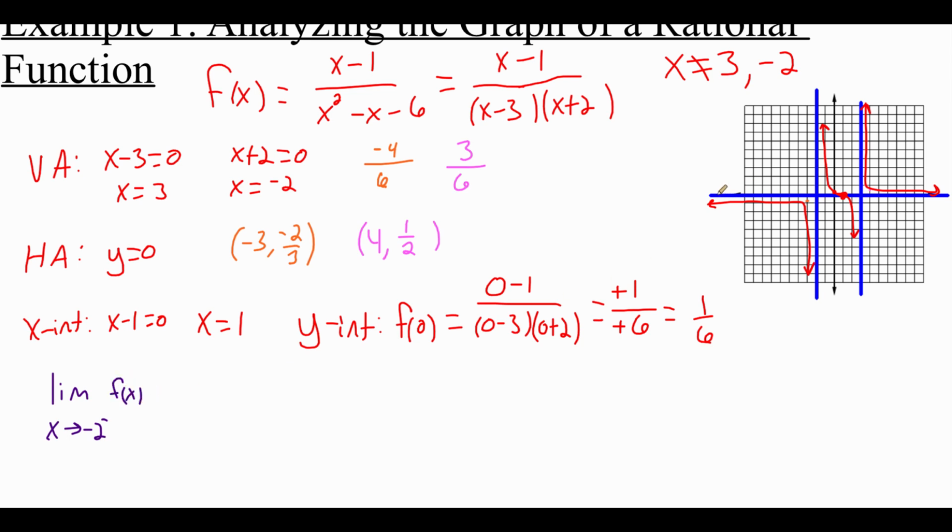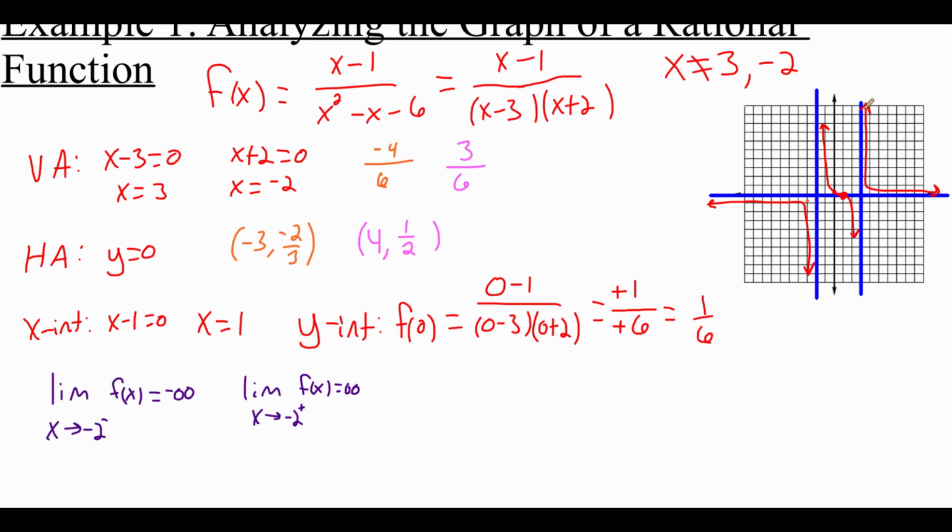So starting on the left-hand side, as we get closer and closer to negative 2, our graph starts decreasing very rapidly. So we would say that this function is heading down to negative infinity. But if we look at the limit as x approaches negative 2 from the right-hand side, so starting on the right-hand side and getting closer and closer to negative 2, then this middle portion of my graph increases very rapidly. So we would say that our function is heading off towards positive infinity there.